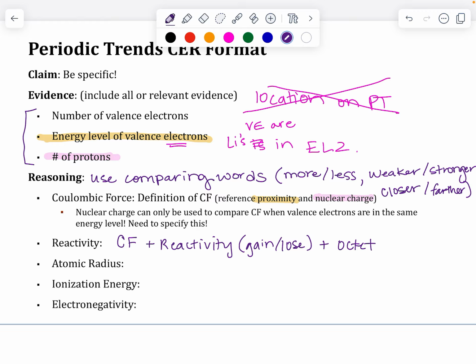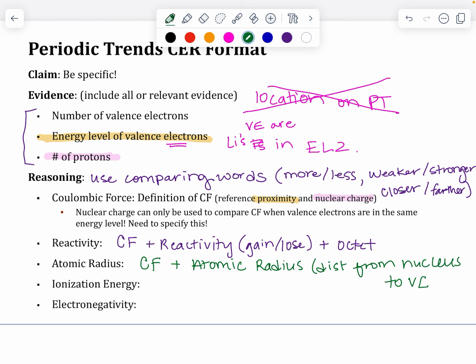If my claim is about atomic radius, I do want to talk about coulombic force, and I'm going to talk about that definition of atomic radius, which is the distance from the nucleus to the valence electrons.